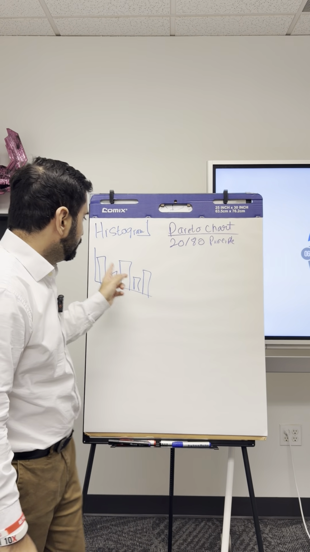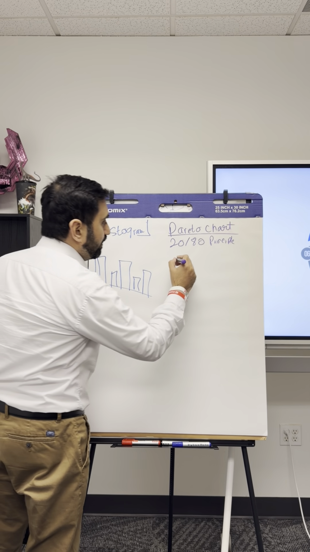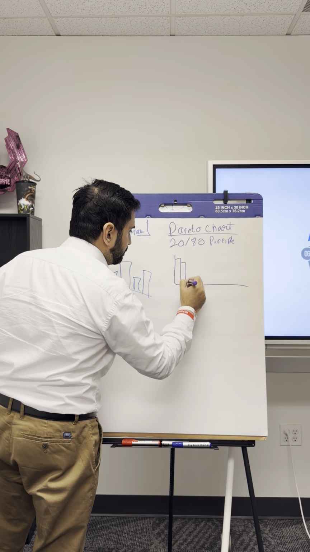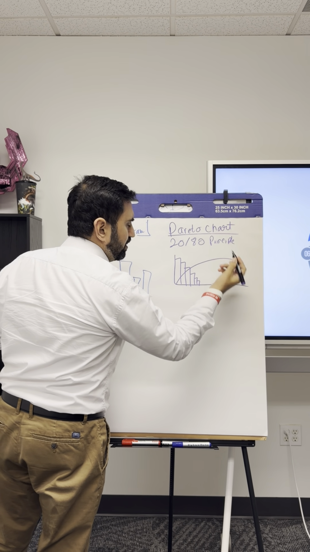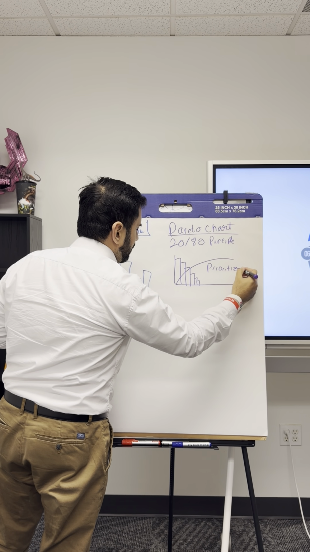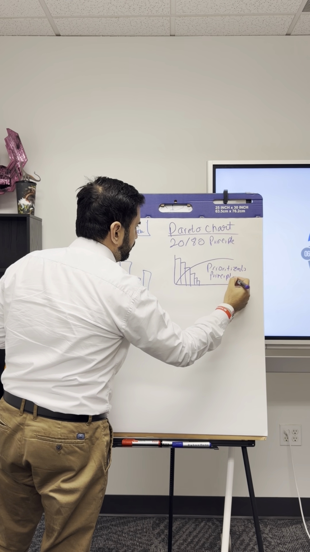So using the same data we have here, we will plot it and see what is most important. The Pareto chart is basically a prioritization principle that we use.